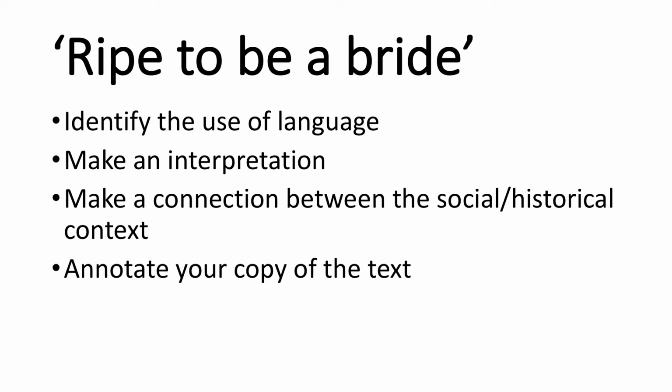Try to make a connection between the social and historical context in the same way that we did with the two quotations that you saw beforehand, showing that parenting, being domineering and controlling as a parent was typical for the Elizabethan era. You also need to annotate your copy of the text. So I would say pause the video now and do those four things with that particular quotation.